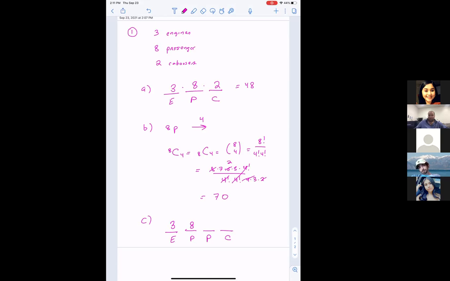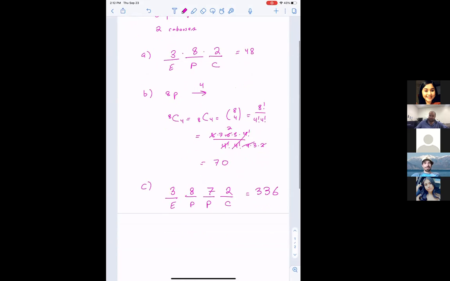Oh, can't use the first one twice. So how many options are there for the second one? 7. And how many options for the caboose? 2 still. So 24 times 7 is 168, times 2 is 336. Is that correct? That's what I got.